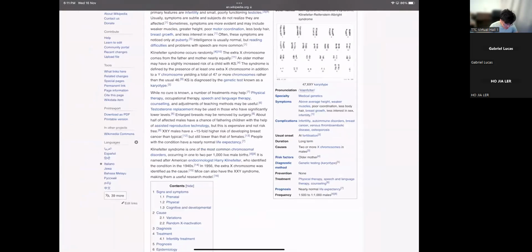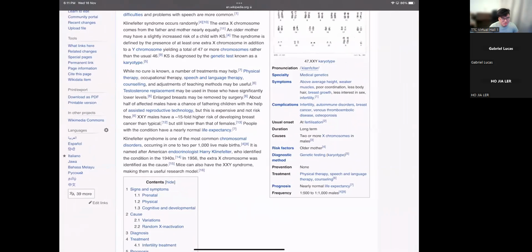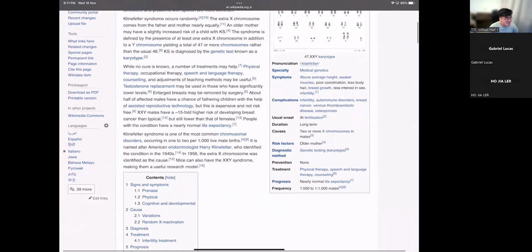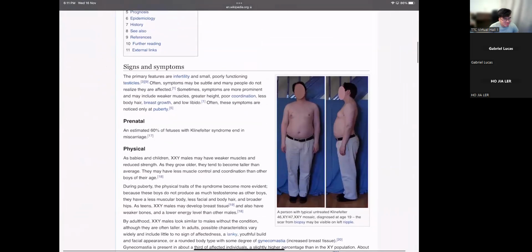You just look kind of weird. You are not per se retarded, you just look weird. You have no manly characteristics.